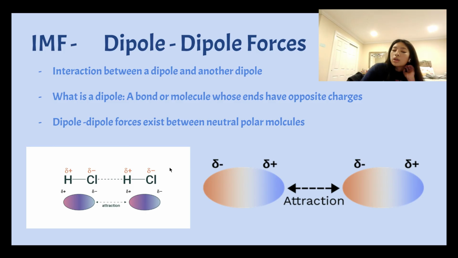If you look at this, there's a dipole-dipole force between your hydrogen and your chlorine, because chlorine has a partial negative charge due to its electronegativity, and hydrogen has a partial positive charge. So if your electronegativity difference is greater than 0.4, it's likely you have a dipole-dipole force.